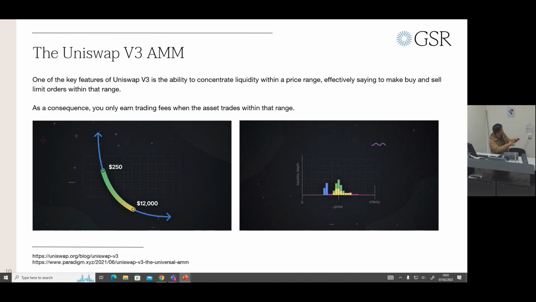As a result of concentrating your liquidity in a range, you're able to set up buy and sell limit orders between $250 to $12,000. And that only requires just one transaction to do.